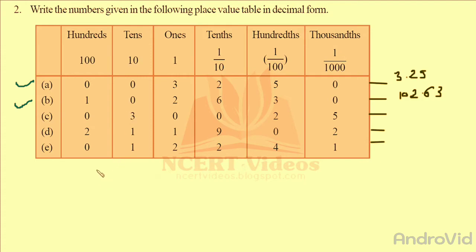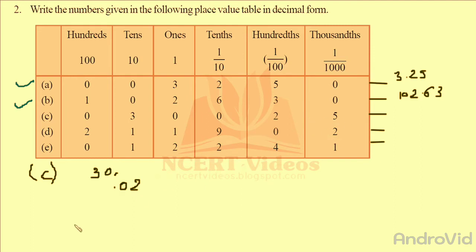Now the C part. Tens, we have 3 tens, that is 30. No ones, no tens. Hundreds, we have 2. So first we'll put decimal, then 0, 2.